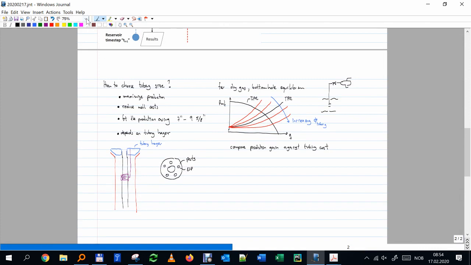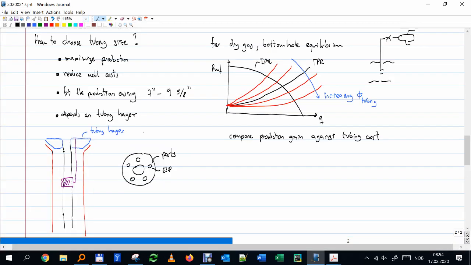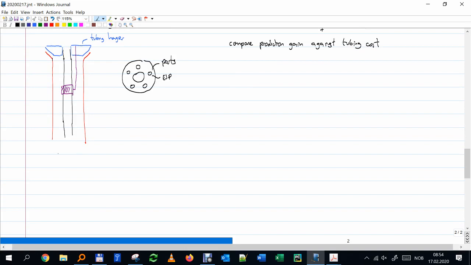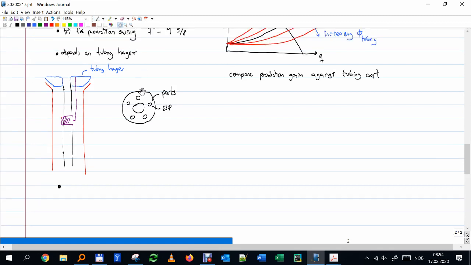What are other things that we have to take into account? Is it possible to change the tubing hanger if we decide we want a larger tubing size? You can change the tubing hanger because it's on the wellhead, but it also depends on how many things you want to send down.